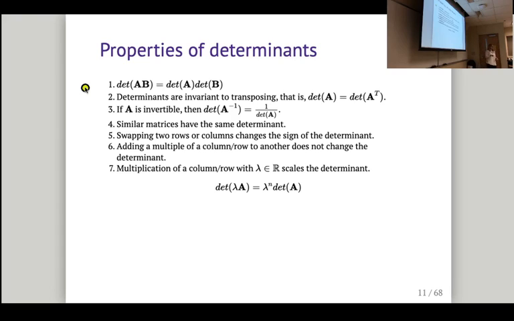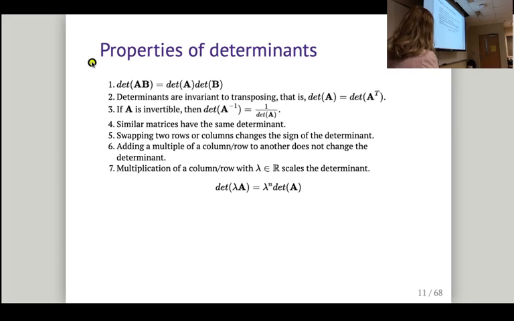Similar matrices have the same determinant. So if a matrix is similar to some other matrix, their determinant will be the same. If we reorder, so if we swap rows or columns in the matrix, we change the sign of the determinant, so we may flip it from positive to negative.